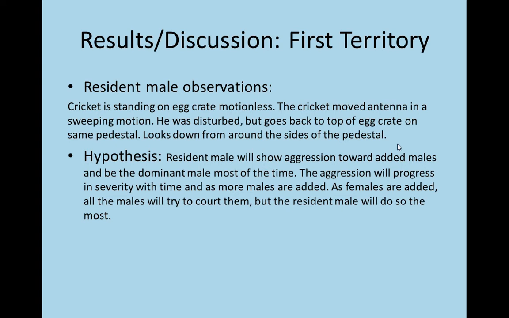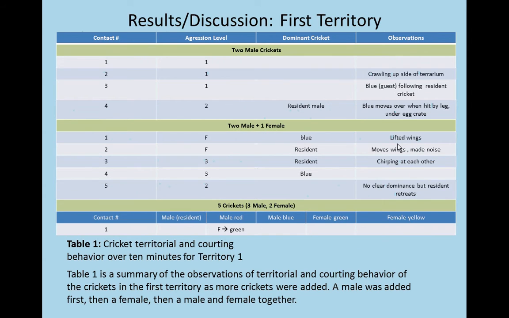Before adding any other crickets, he stayed motionless on top of the egg crate unless disturbed, and when disturbed he went back to sit on top of the egg crate.